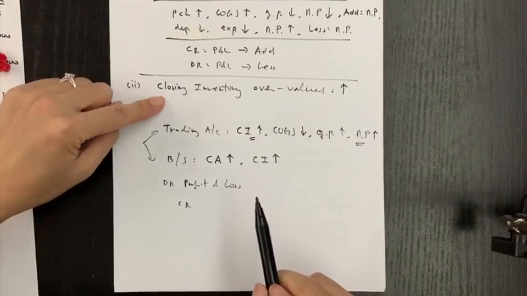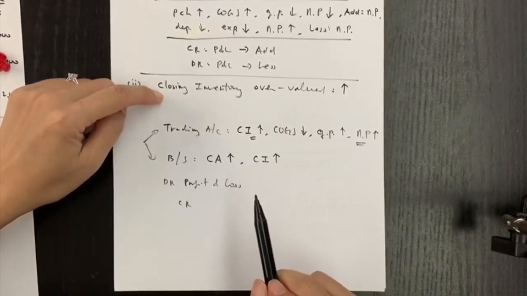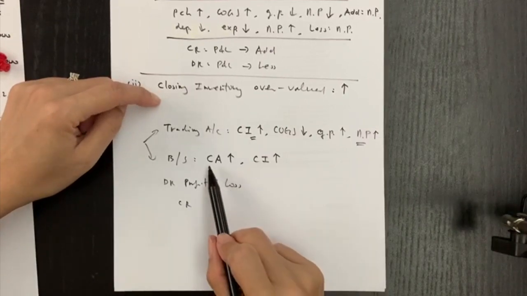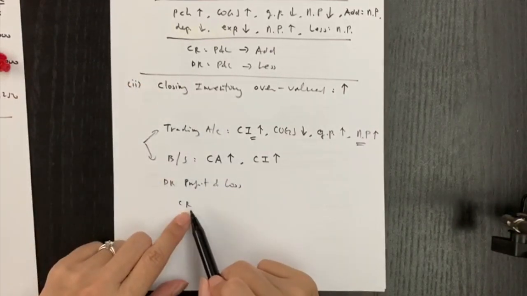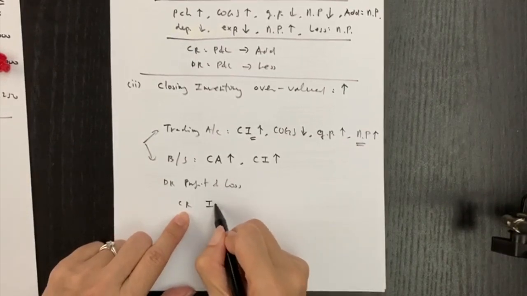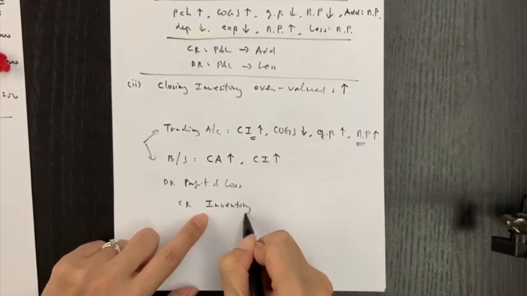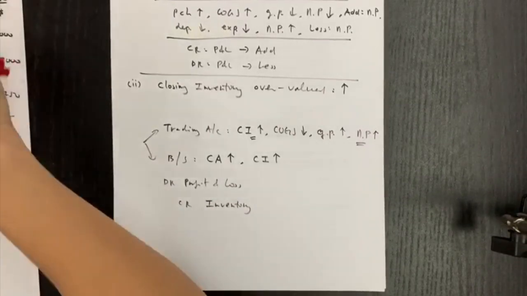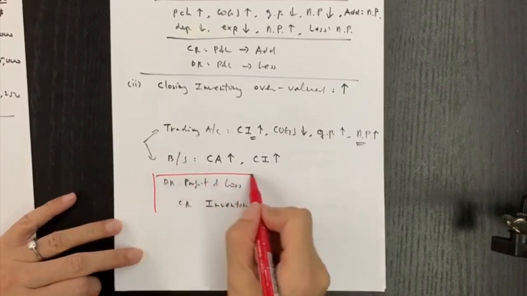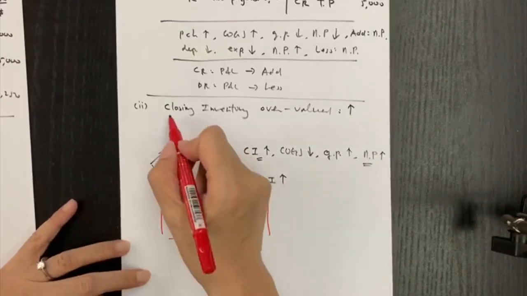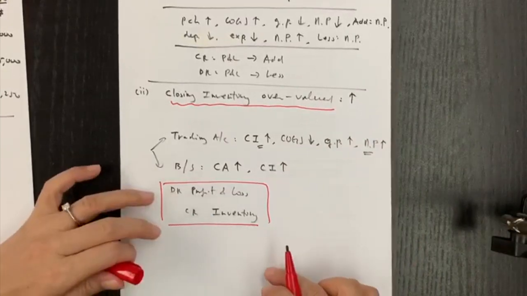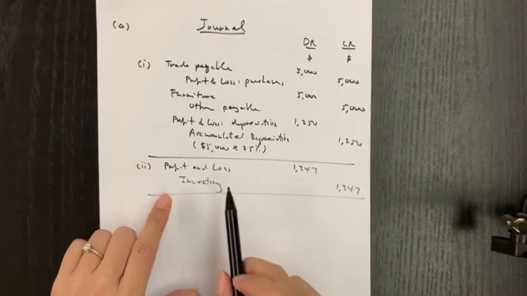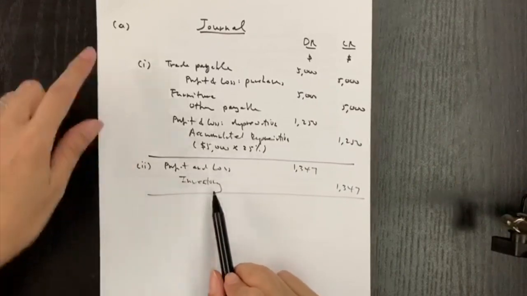And then closing inventory is a kind of debit item in the statement of financial position because it is part of current assets. Now it is too large. We need to decrease it. So we credit inventory in the statement of financial position. So therefore, this is the special analysis for closing inventory if it is too large. Okay, so therefore after the analysis, we should put the proper answer in part A here.